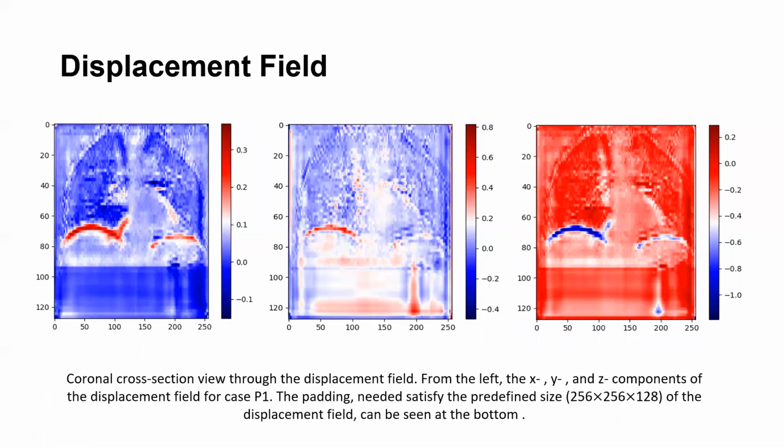Back to volume number 1, or case number 1: our network accepts a 128 by 256 by 256 volume with 128 depth, while the volume provided by DIR-Lab case number 1 consists of only 94 slices.